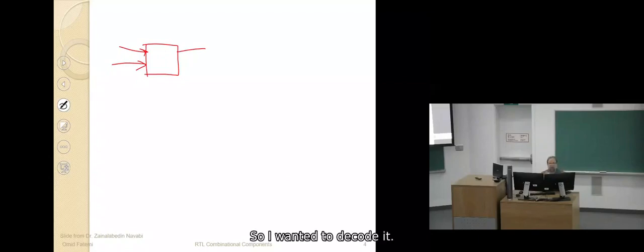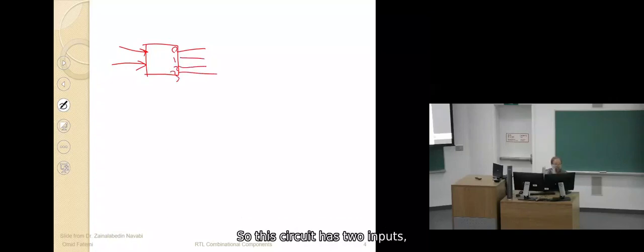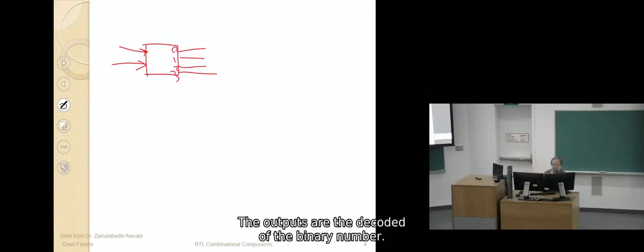So for decoding, I put 4 outputs. One of them represents 0, the other one represents 1, the other one 2, and the other one 3. So this circuit has 2 inputs, the binary input, and has 4 outputs.